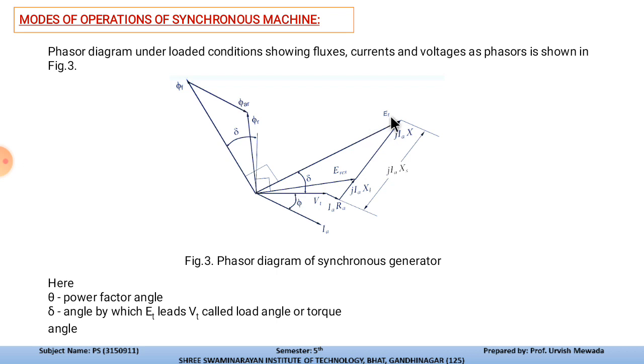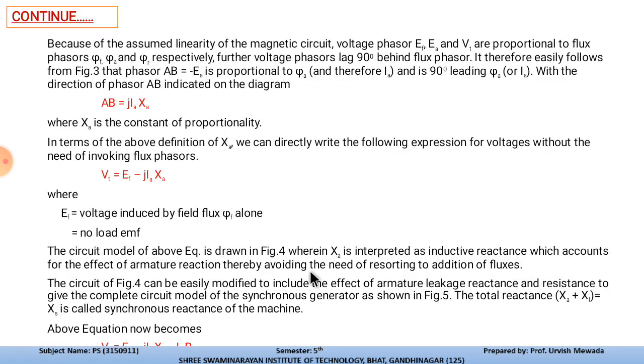That's why we can write EF is equal to VT plus jIAXS. If we make VT the subject, VT is equal to EF minus jIXA, where EF is the voltage produced by the flux phi F alone. That is the no load EMF, and the circuit model of the above equation is drawn in figure number 4, which we study in the subsequent slides.